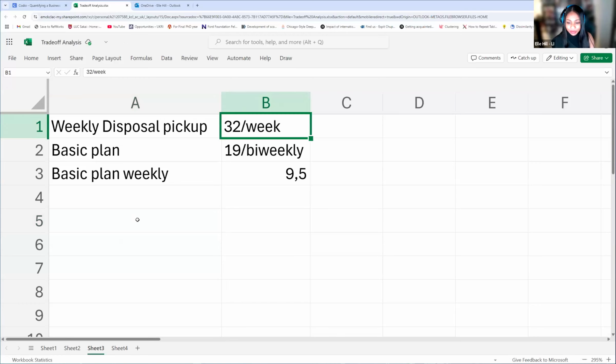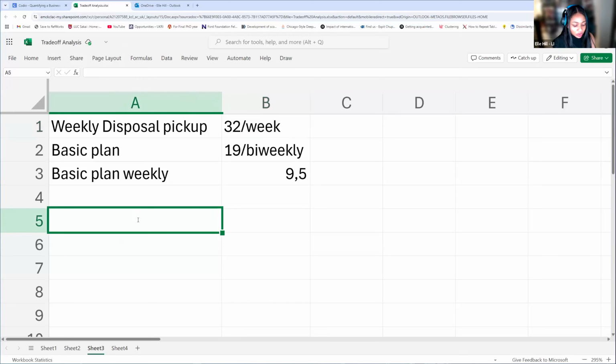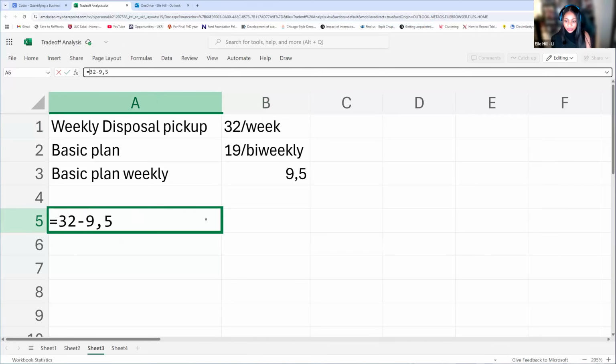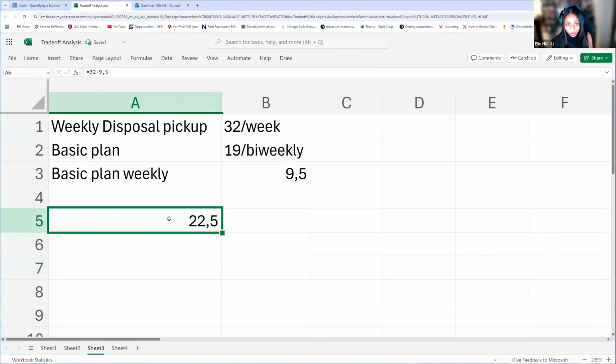So if we know we have $32 a week for our basic plan, subtract this from the plan that we're trying to switch to with our cardboard perforator. This is going to be this $22.50 savings.